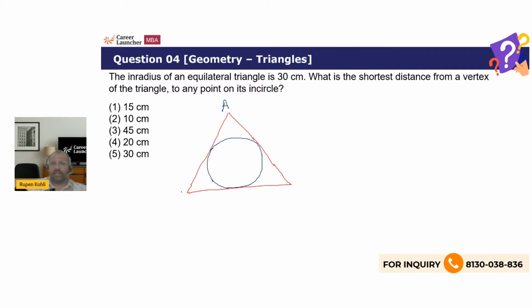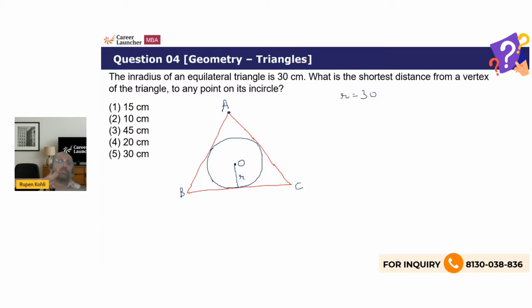Let's say this is my triangle ABC, and this is the incenter O of the incircle. This small r is 30. From any vertex, let's say A, we are asked for the shortest distance from the vertex to any point on the incircle.